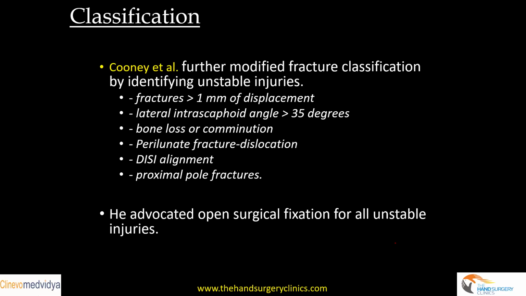Another classification was described by Bill Cooney from Mayo Clinic, where they further modified the fracture classification by identifying unstable injuries. So fractures with more than 1 millimeter of displacement, a lateral intrascaphoid angle of more than 35 degrees, bone loss or comminution, a fracture of the scaphoid that is part of a transscaphoid perilunate fracture dislocation or a greater injury pattern, a DISI alignment, a dorsal intercalated segmental instability pattern, or fractures of the proximal pole of the scaphoid.